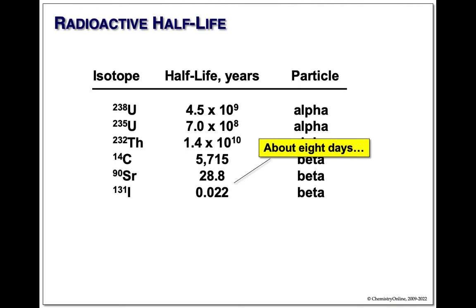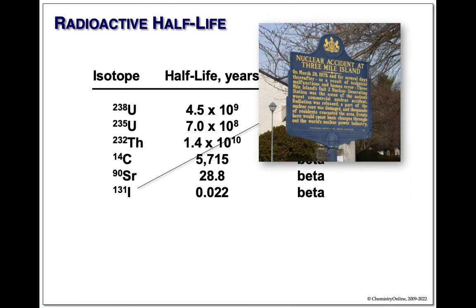Now, just like strontium-90 was the plague of the 50s, in 1979 we had a power plant, Three Mile Island. It melted down. When it did, there was a huge cloud of radioactive iodine that was released.